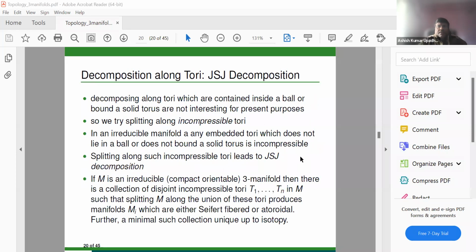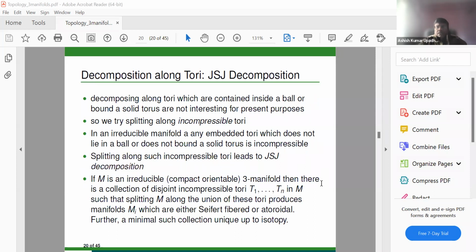So let us come back to the JSJ decomposition. The JSJ decomposition says that if I cut this 3-manifold along the tori T1, T2, up to Tn, then the pieces which I get are either Seifert fibered or atoroidal. Atoroidal means they do not have tori in them.